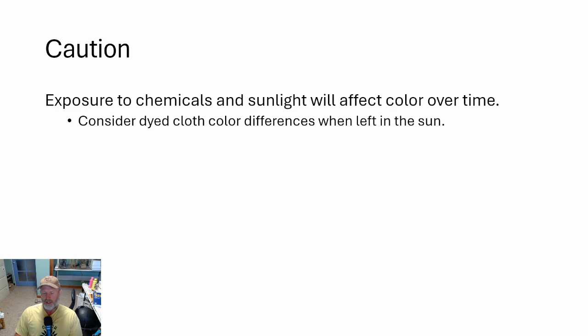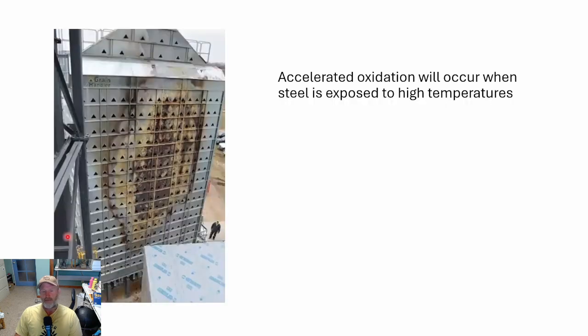You could say the same thing about chemicals, such as exposure to pool water. So make sure not to misinterpret color changes that may be associated with heat due to fires, when in truth they're actually associated with natural processes or introduction of chemicals to the environment.